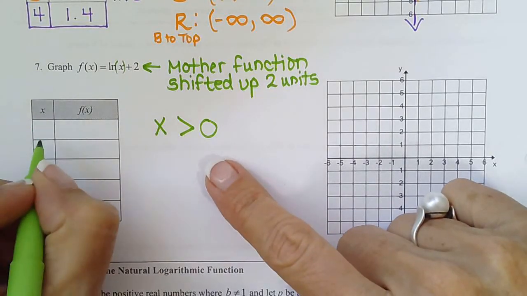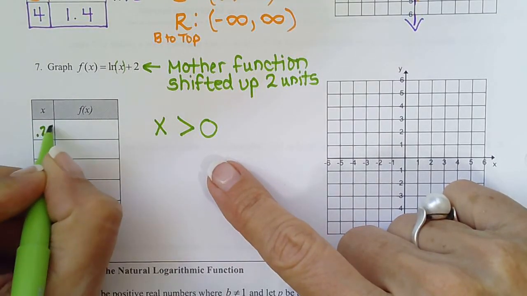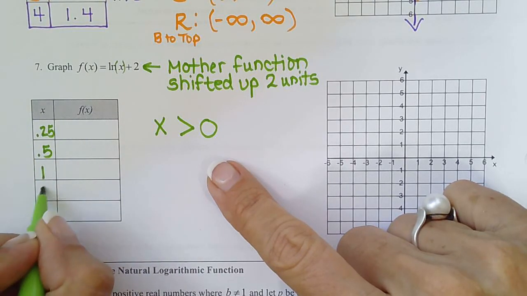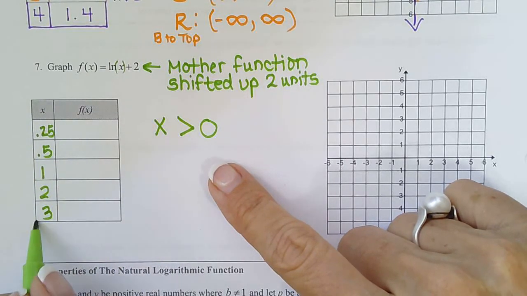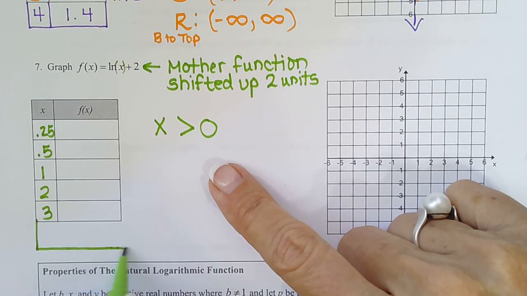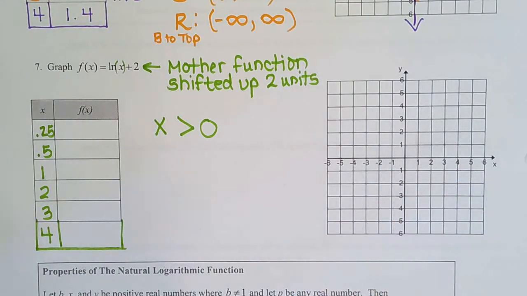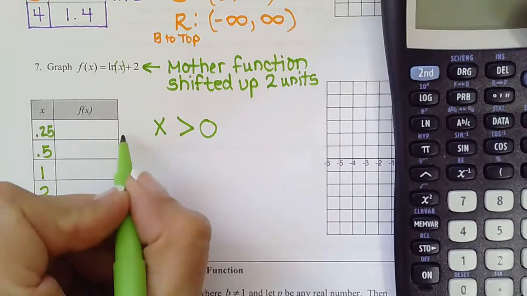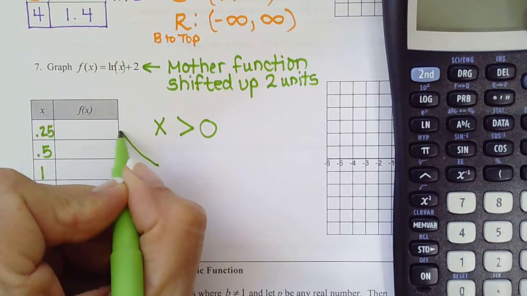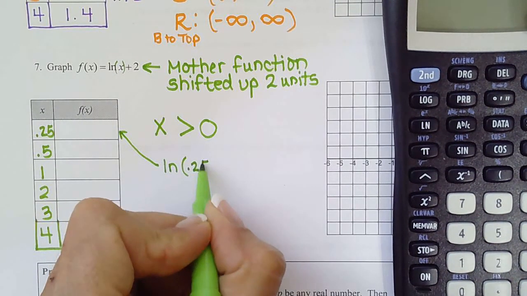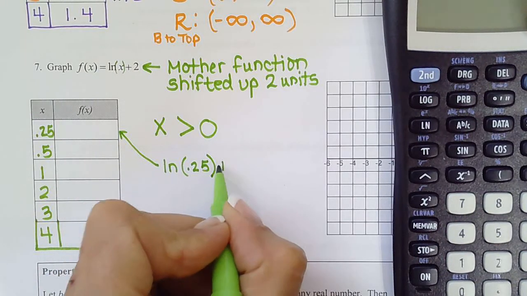So should we do the same ones as before? 0.25, 0.5, 1, 2, 3, and we'll add in 4 just to get a little flavor there. And so then I just type in, and when I type it in, just FYI, it's ln 0.25, close your parentheses, plus 2.